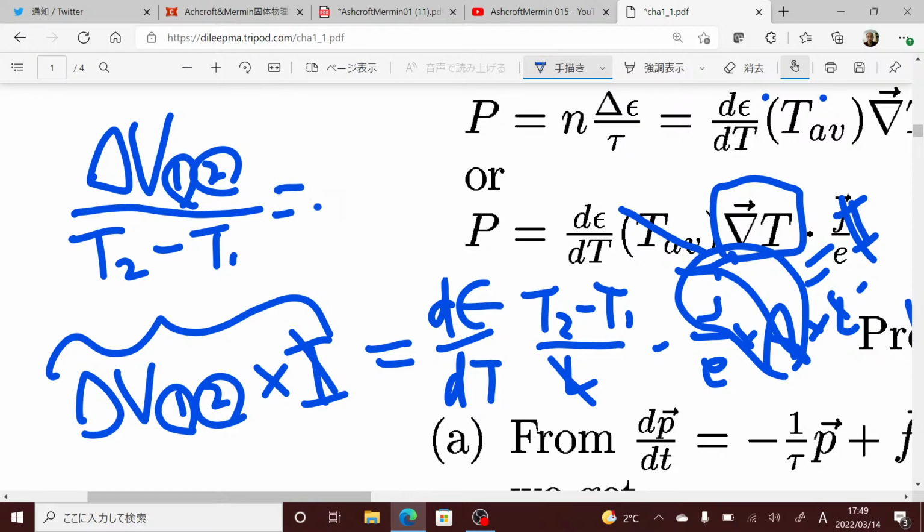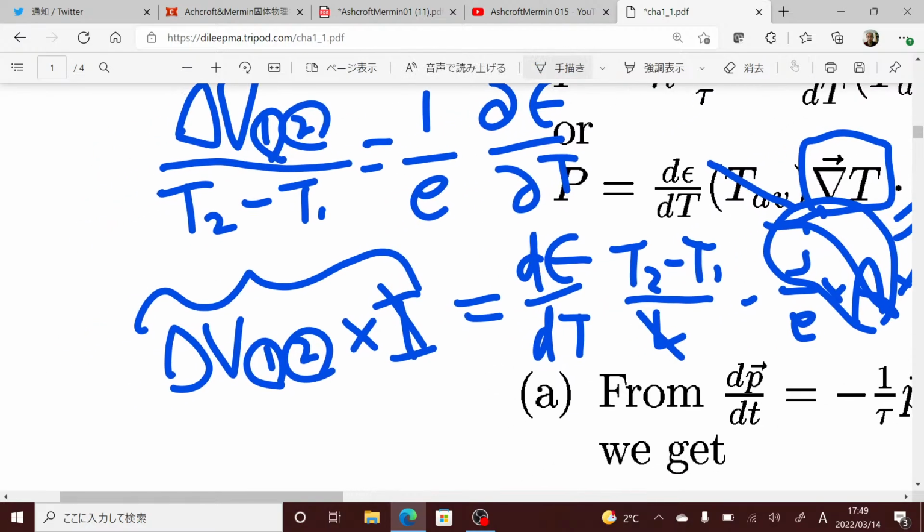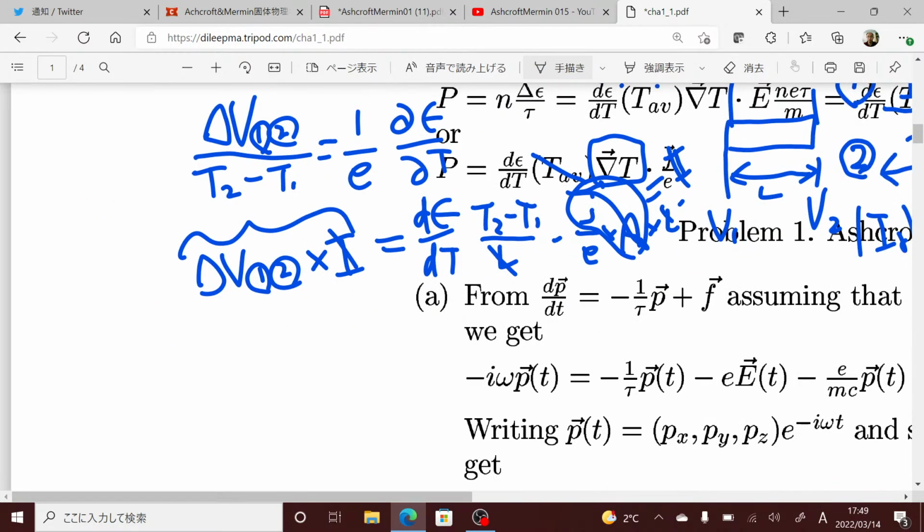This is equal to 1 over E times d epsilon dT. This is a useful result, I think.